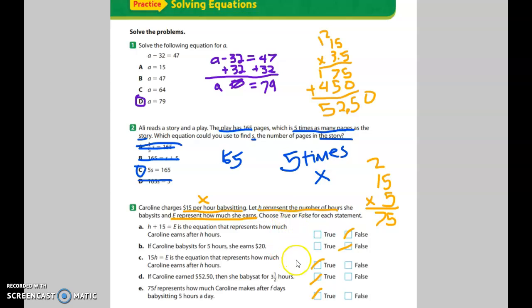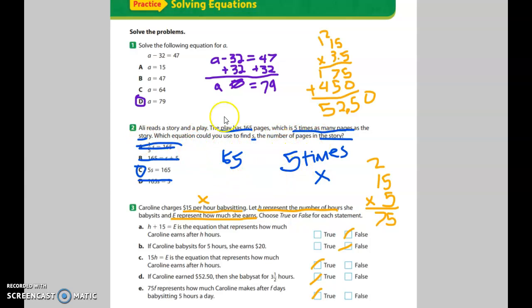Alright, so I want you to notice a couple things about how I did this. Mostly, I want you to notice how I worked through each part of the question here. I didn't just randomly select answers like a lot of you tend to do. When you get questions like this, you need to make sure that you're working through each one. I also, up here, eliminated answers based on what I already knew.